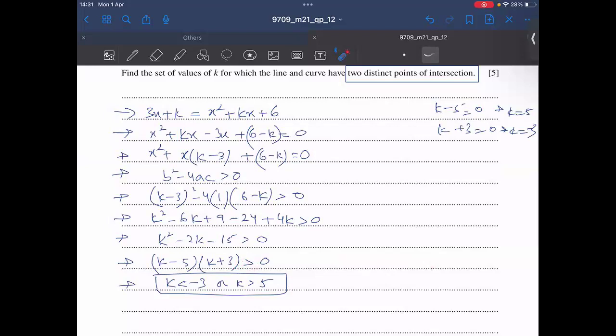I'm not just making you memorize. There is a logic and a background behind why we write the final inequality in this form when we have greater than 0 for a quadratic inequality, and why we write it in a different form when we have less than 0.